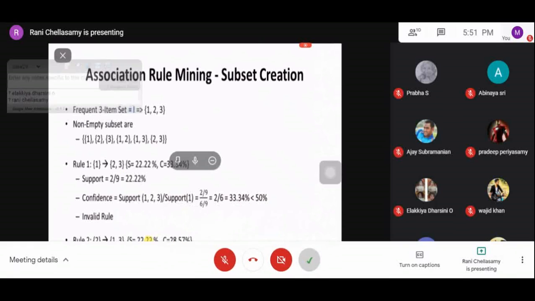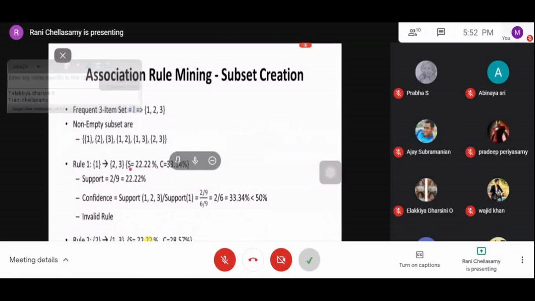So S on the left hand side, and on the right hand side you write I minus S. If 1 is on the left hand side, then I minus 1 gives 2 and 3, which goes on the right hand side. This is how we frame rule 1.